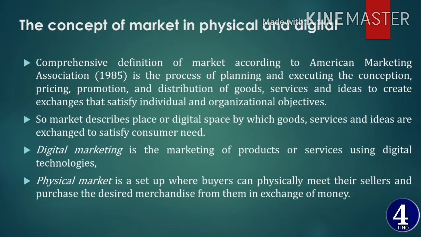We always say that it is a place. Yes, it is true, but it is not always true. Sometimes, because of technology, buyers and sellers are not necessarily required to meet physically. So we can say that there is no basis to say that it is a place.